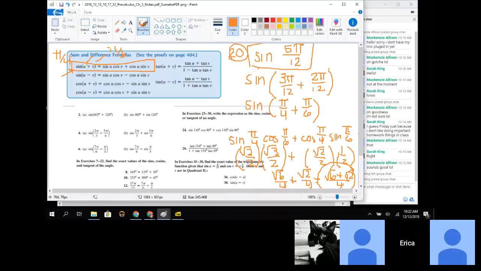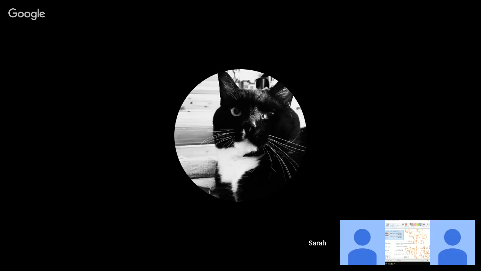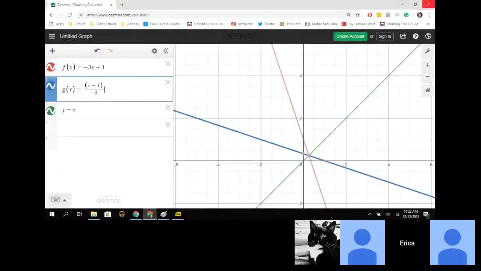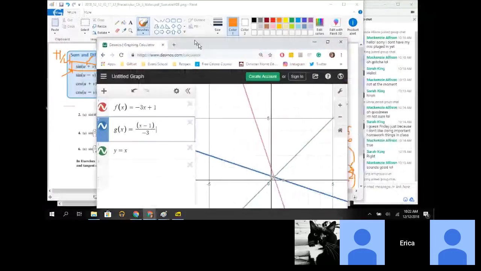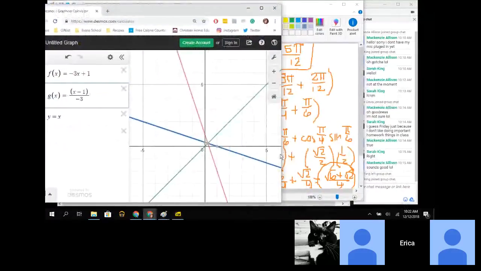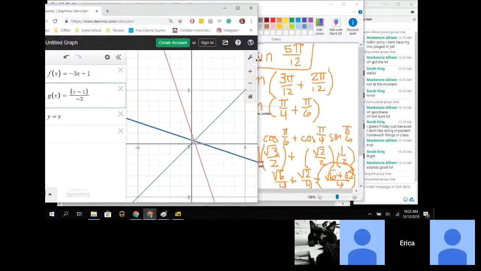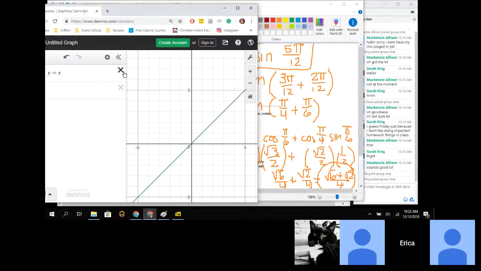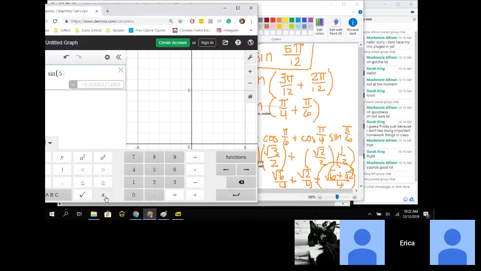How can I double check this pretty quickly? I can go to Desmos and plug it in. First, I want to make sure I'm in radians, and that's good. If I do the sine of 5 pi divided by 12, I get 0.96592.